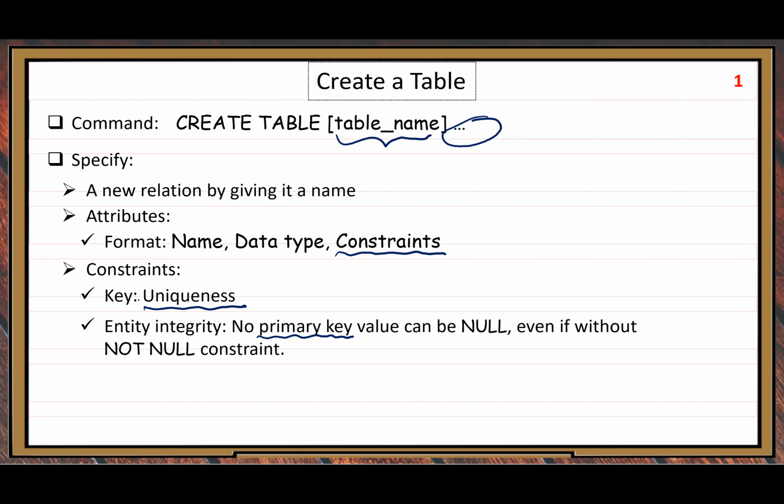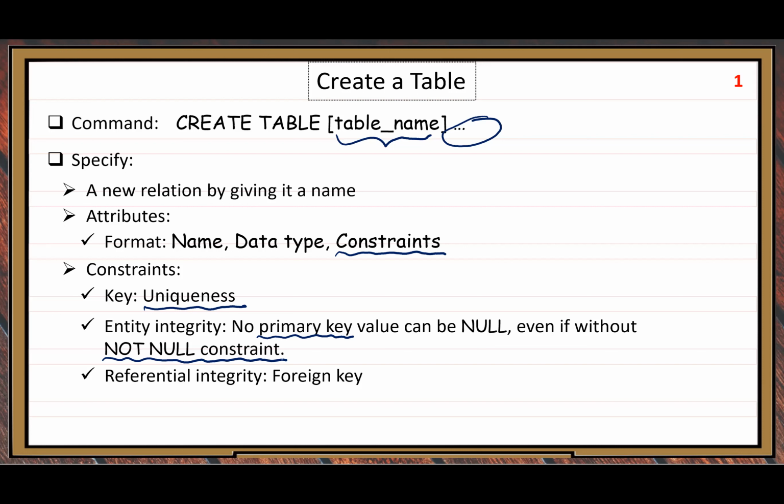Later we will learn the not null constraint. You can apply a not null constraint on a particular field so that you do not allow null values. But for a primary key, null values are automatically disallowed, and you do not need to put that constraint. So that's the entity integrity.